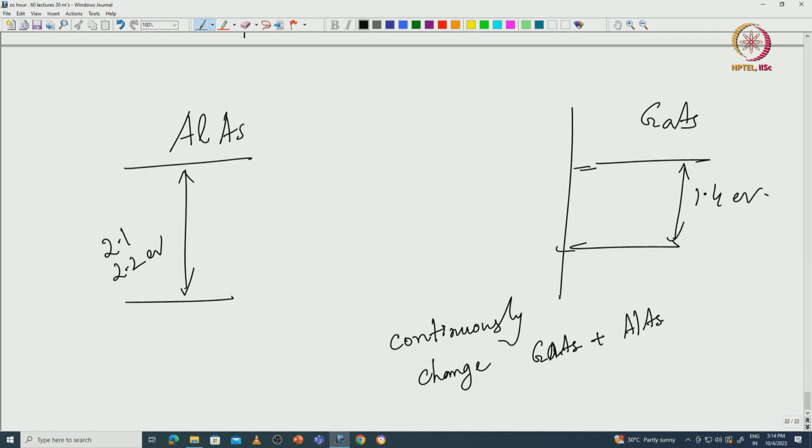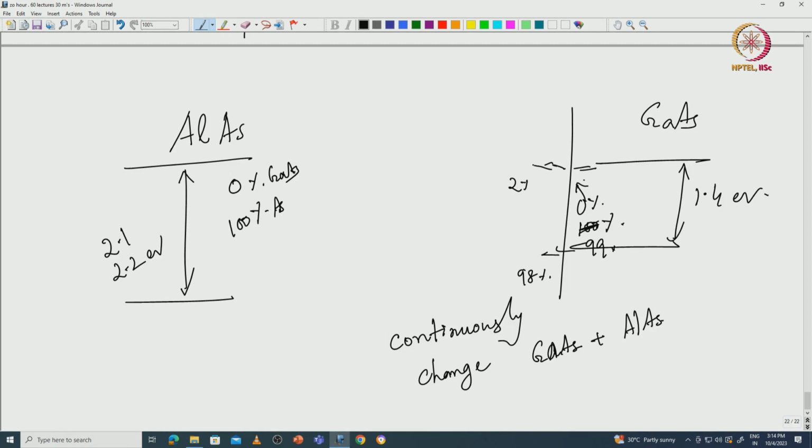This is 0% aluminum arsenide and 100% gallium arsenide. This is 0% gallium arsenide and this is 100% aluminum arsenide. Now I slowly increase the aluminum arsenide to 1% and gallium arsenide to 99%, like that. Then I make it 2% aluminum arsenide, 98% gallium arsenide.